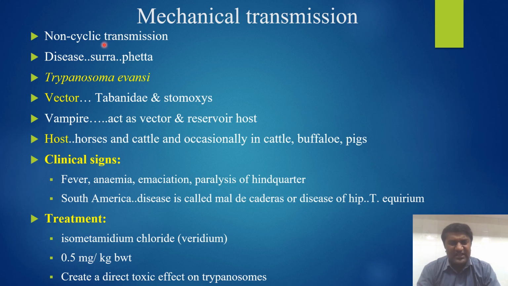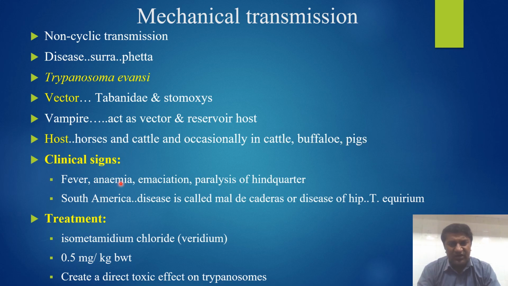Mechanical transmission is the non-cyclic transmission. The disease is called Surra, which is spread by Trypanosoma evansi, with vectors such as stomoxys and tabanids, and vampire bats, and reservoir hosts the horses and cattle, and occasionally cattle, buffalo, or pigs.